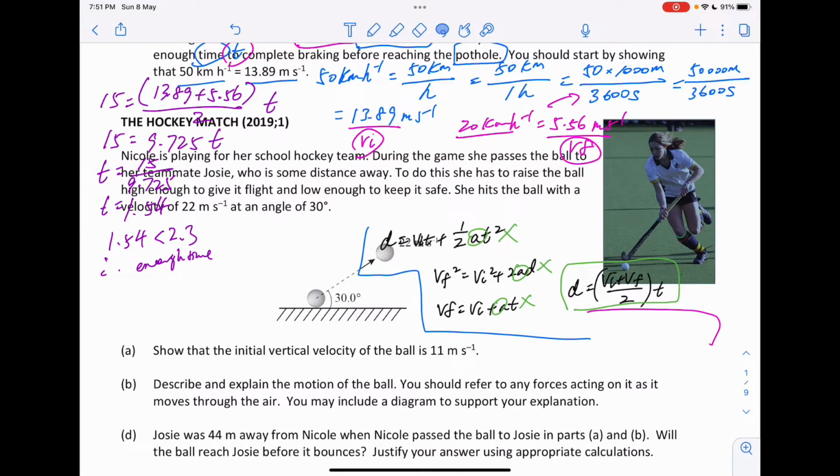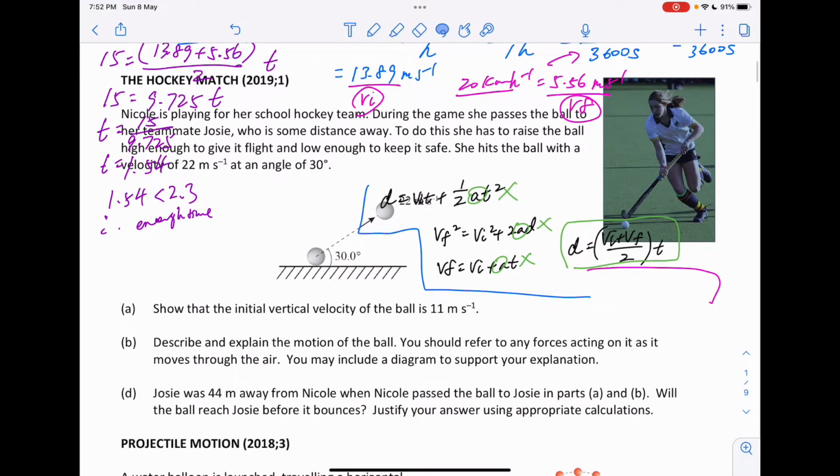Show that the initial vertical velocity of the ball is 11 meters per second. So what do you do here? We look at this diagram. She hits the ball with a velocity of 22 meters per second and an angle of 30 degrees.